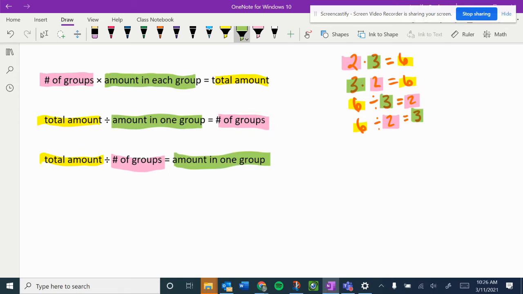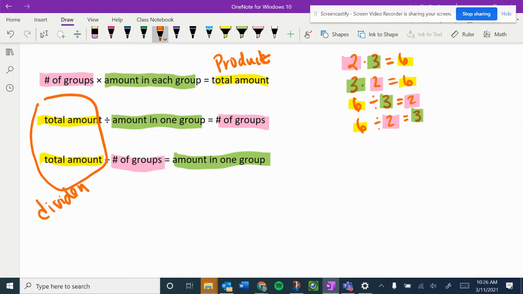I just misspoke, so I'm going to write this down. The total amount here, which is the product, becomes the dividend, not the divisor. And then you can write dividend divided by the divisor equals a quotient.